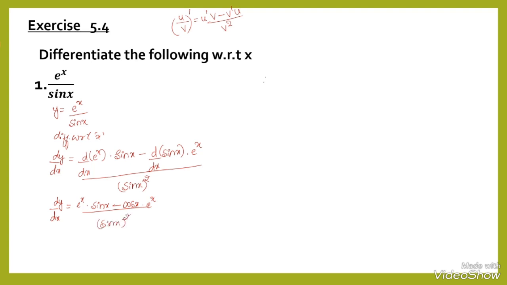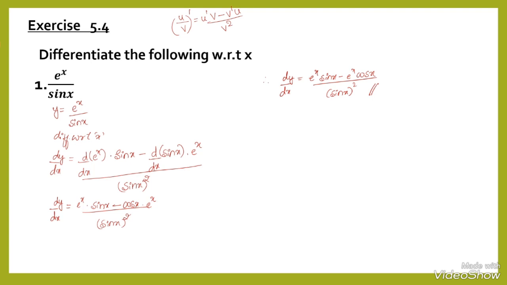Therefore dy by dx is equal to e to the power x sin x minus e to the power x cos x, divided by sin x whole square. This is the solution of the given problem.